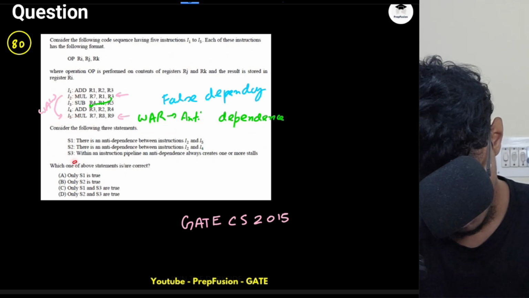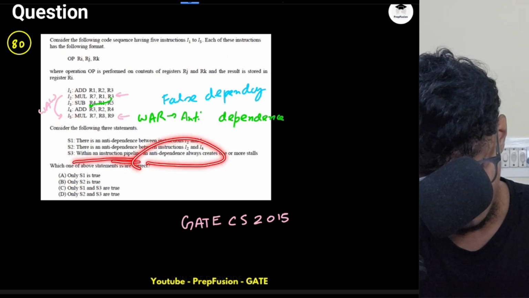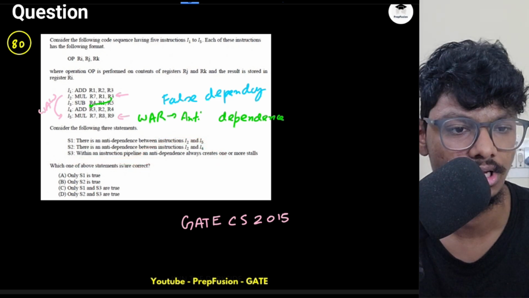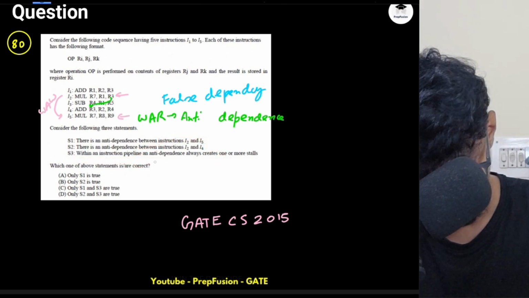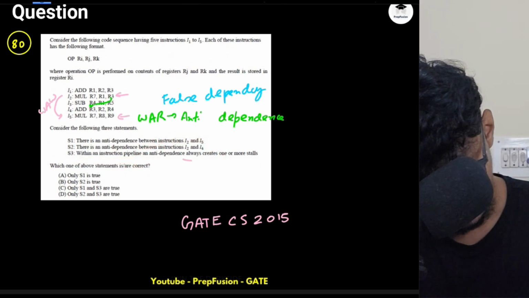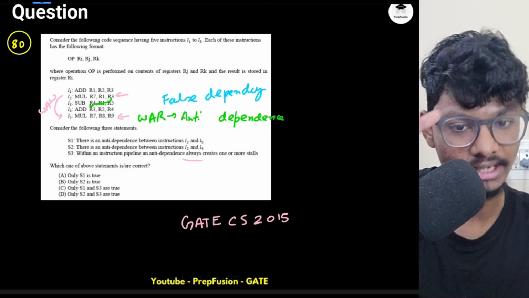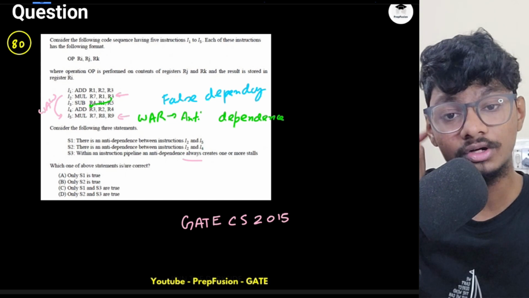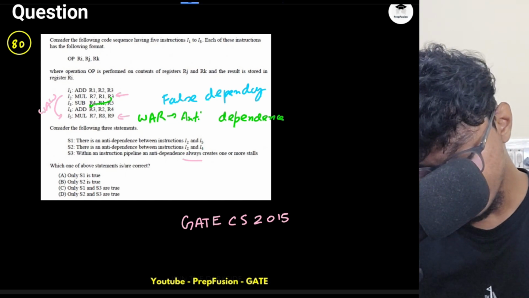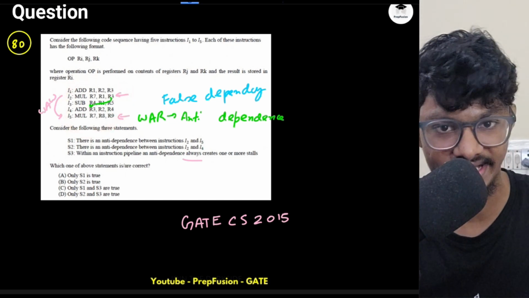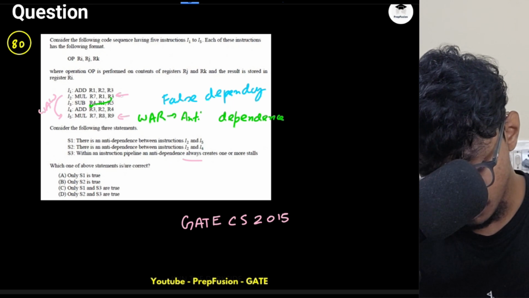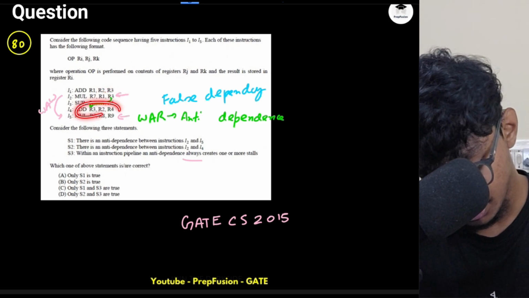But what about within an instruction pipeline, an anti-dependence always creates one or more stalls. Always is the important word. Anti-dependence can actually create stalls. I have not explained that, but it can create stalls. But not always. How can it create stalls? Let's say our instruction has many stages and we are not able to perform this read operation before this write operation.